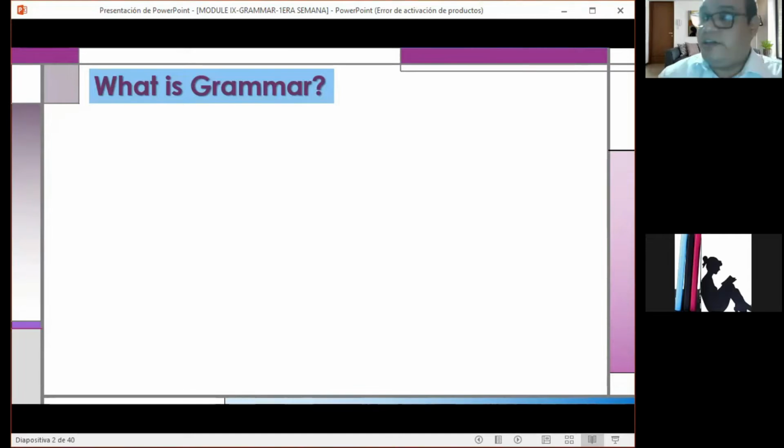So the structure of words, phrases and sentences. Remember that when we talk about grammar, we're going to analyze 2 aspects of the language. As Lucy says, it's part of the linguistics, the study of the language, because it involves the structure of a word, the structure of a phrase, and the structure of a sentence. Very good, Lucy.